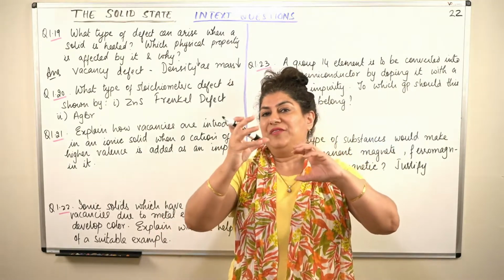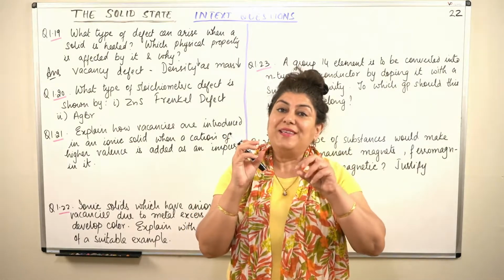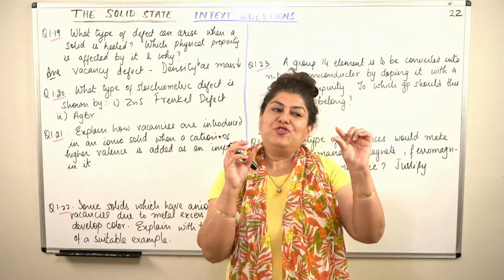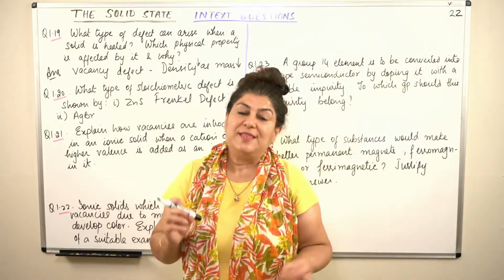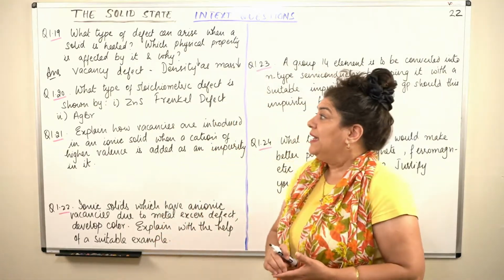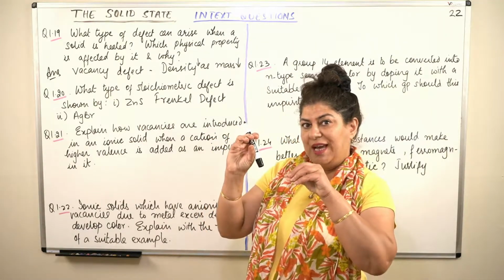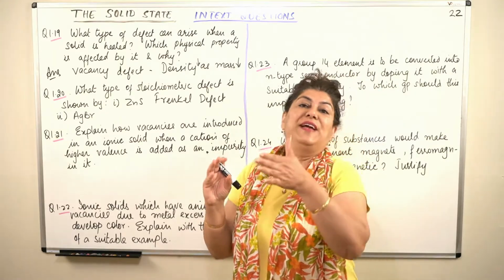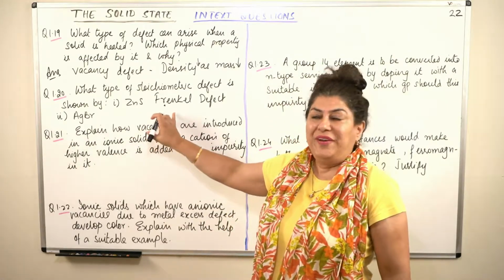Since the size difference between the cation and anion is large, the interstitial spaces would also be larger. So the cation is so small that it can slip from its lattice site and occupy an interstitial site, thereby creating a vacancy defect from where it moved and an interstitial defect where it finally sat. That kind of defect is known as Frenkel defect.